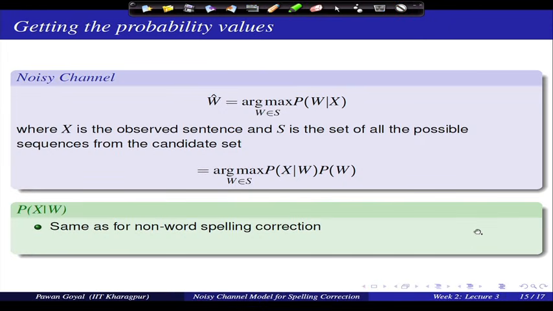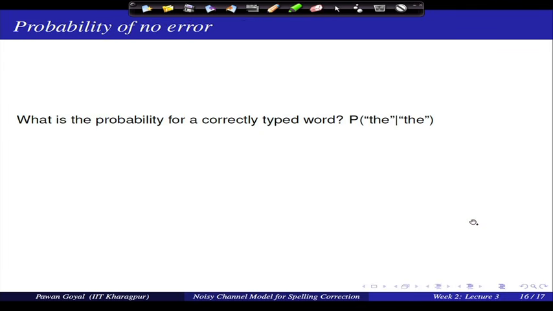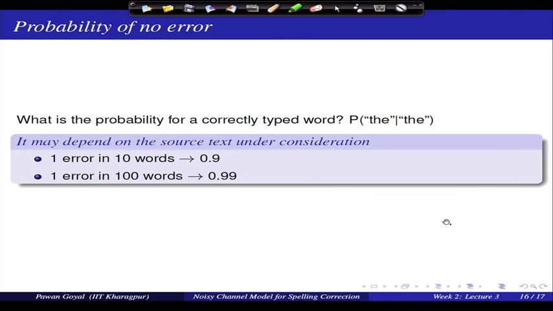So P(X given W) is the same as non-word spelling correction, but we also need this probability of W given W, the probability that you have correctly typed a word, and that you can find from the amount of errors that you are seeing in your source. That's how you will set all these probabilities, and you will choose the candidate that gives the maximum probability.